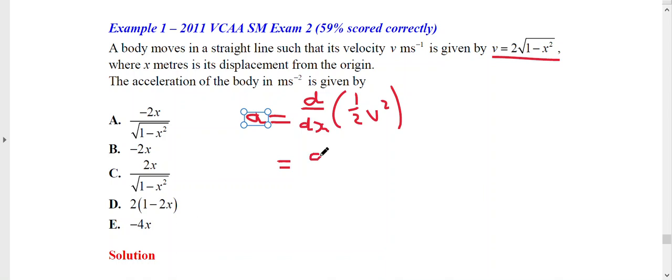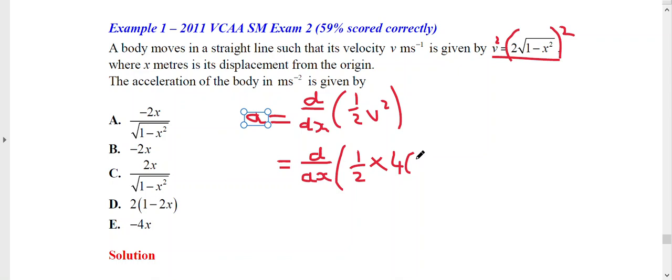So d dx, I just work out what's in the brackets. A half multiplied by v squared. So if I square all of this function, square both sides to give me v squared equals all of this squared. I have to square the 2, so it'll be 4 multiplied by, and the square and the square root will cancel out.